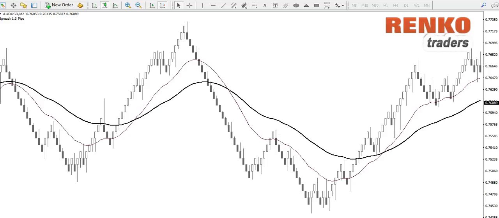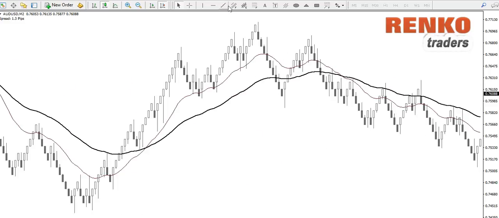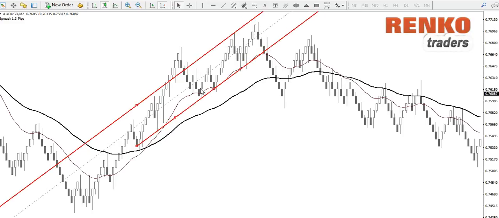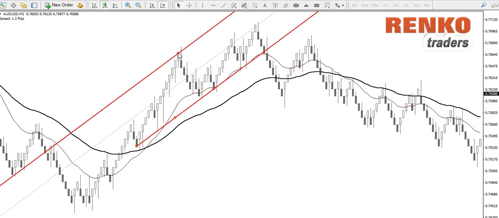Now let's take a look at a few more examples. Right here we've got price moving to the upside, and here you've got the failure. You have price falling low and then retracing back.